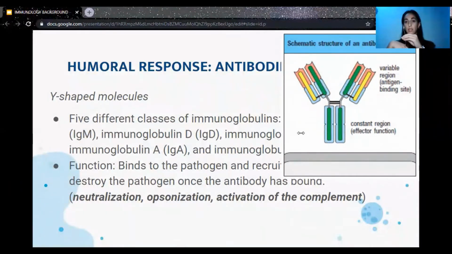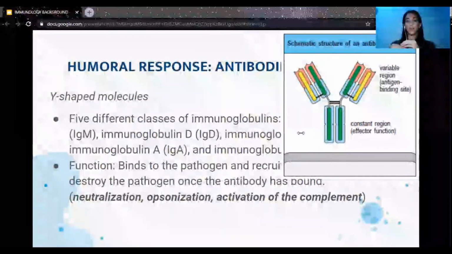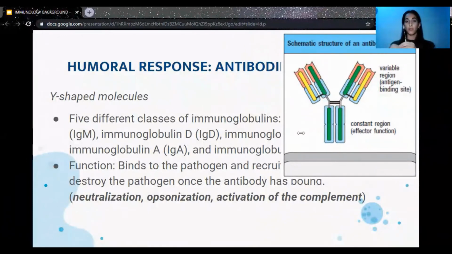The type of cell that binds to the constant region is the one that is going to determine the effector function against the pathogen. It's not the same if the binding cell is an eosinophil than if it's a neutrophil. Okay.